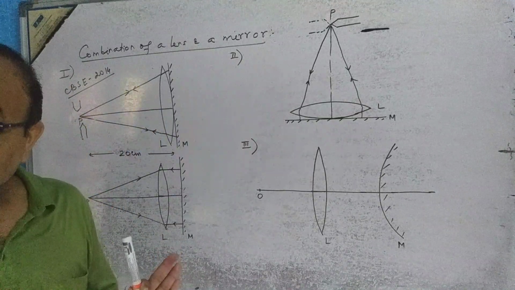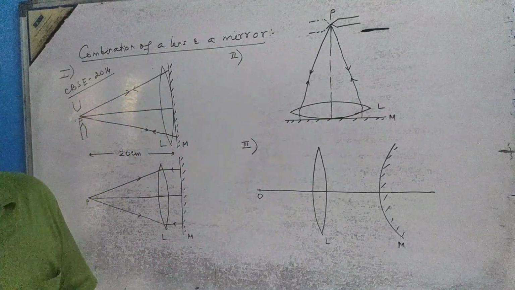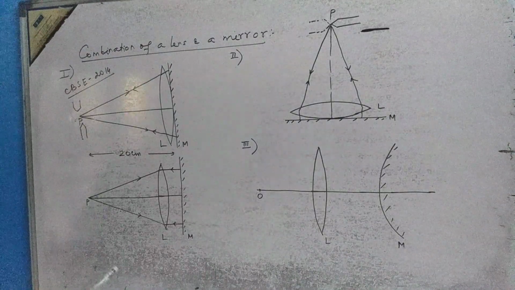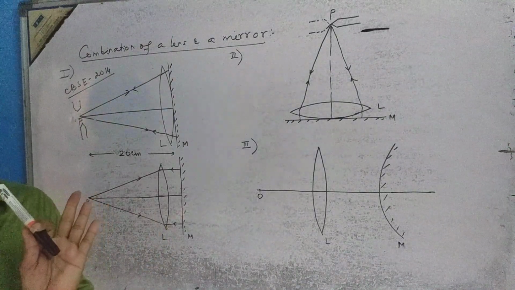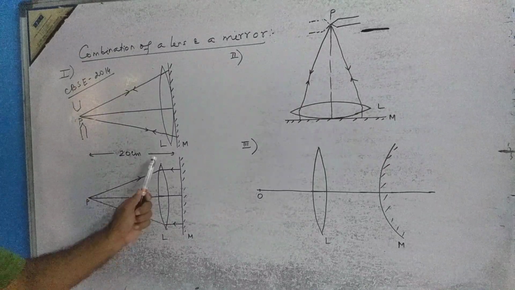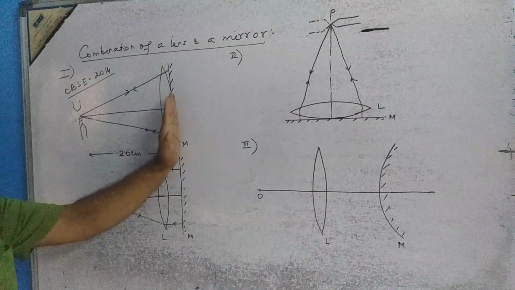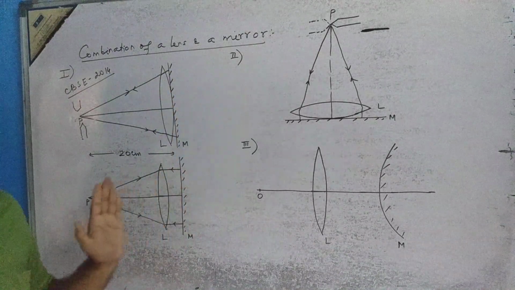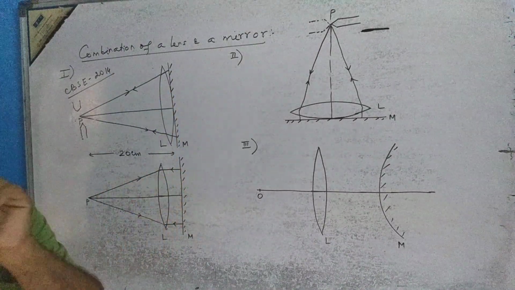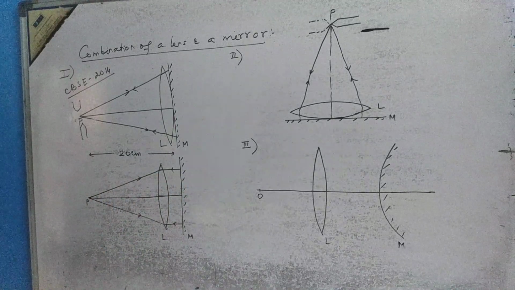How is it possible? To have more clarity, I am drawing this figure. Suppose this mirror is not touching, a bit of distance; then you can understand what will happen.